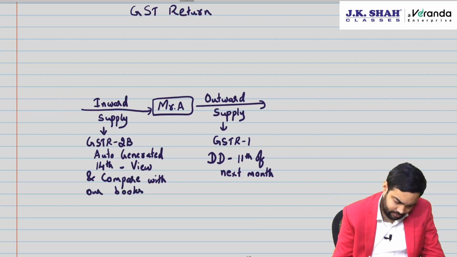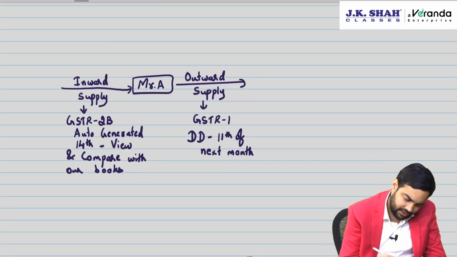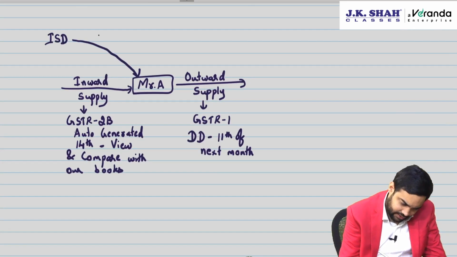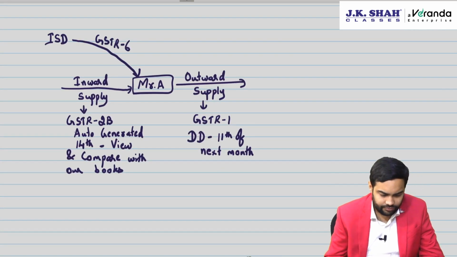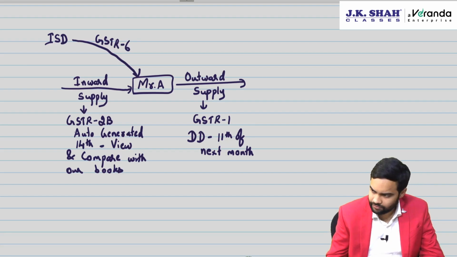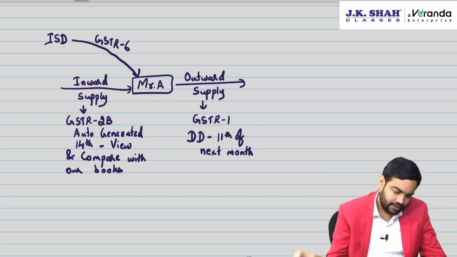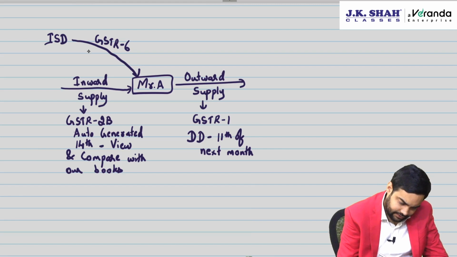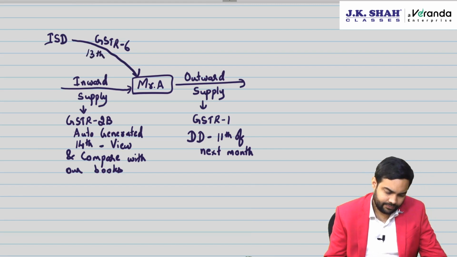In the meantime, there might also be a case that he has an ISD registration. Now this ISD will file a return called GSTR6. The due date for GSTR6 is 13th of the next month.